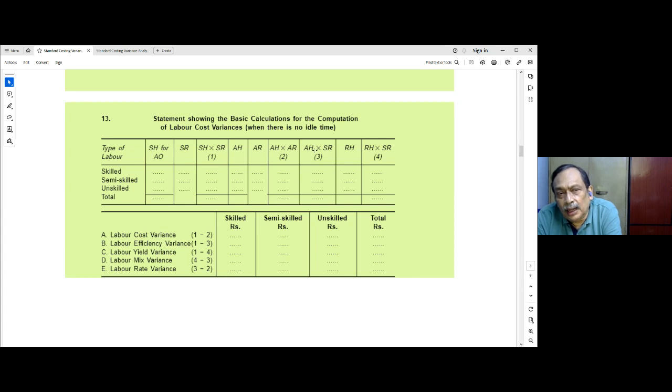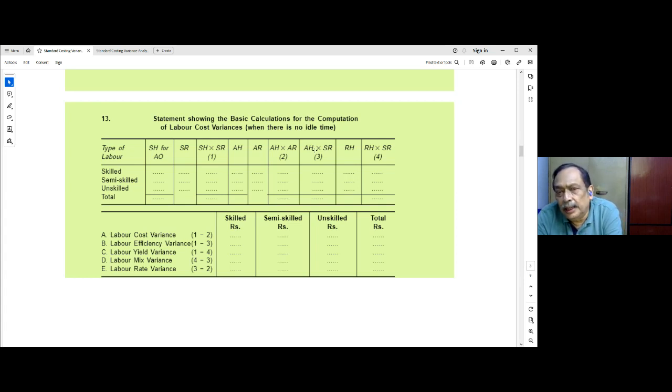Now we are going to start from this table. So you have to prepare a table comprising 10 columns, and your heading will be: statement showing the basic calculations for the computation of labor cost variances when there is no idle time.